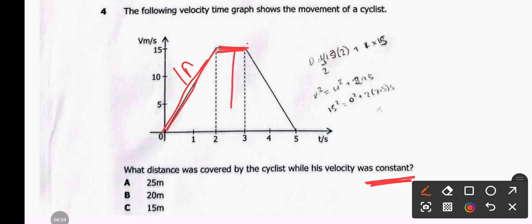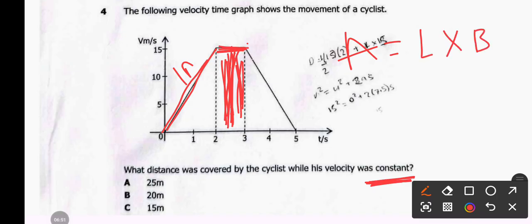So surely the examiner wants us to calculate the area under the graph for this portion. The shape of this portion is actually a rectangle, and area for a rectangle is L times B. The L we should take is 15.